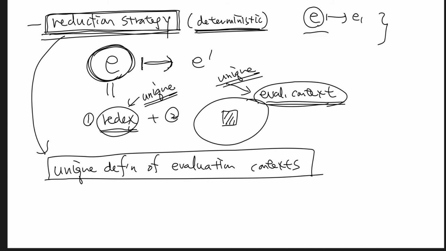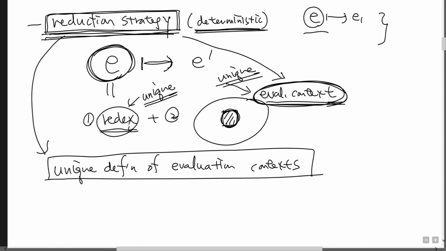So in some sense, this reduction strategy tells you how to locate a redex in a given expression. But that's precisely what these evaluation contexts are for. An evaluation context tells you where to locate the next redex. So in some sense, this reduction strategy and this definition of evaluation context, these two guides should be equivalent in some sense. And this observation leads to the idea that perhaps the reduction strategy will specify a unique definition of evaluation context. So that's the idea.